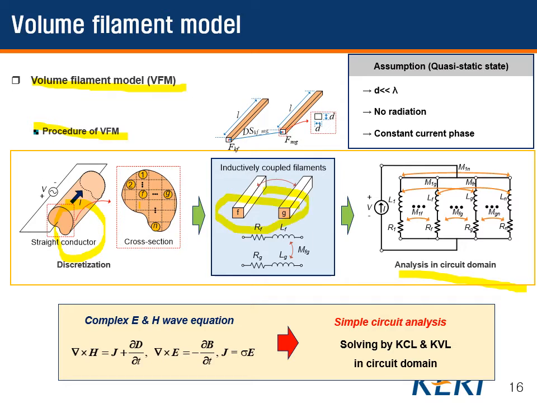The two filaments are coupled inductively. Now we can find an equivalent circuit for the conductors. It's like that. Each filament can be equivalent to an inductance and an AC resistance. Finally, by solving the equivalent circuit, the total resistance and inductance are solved.